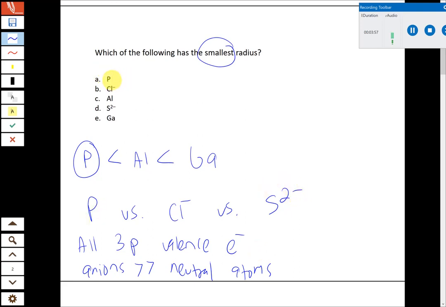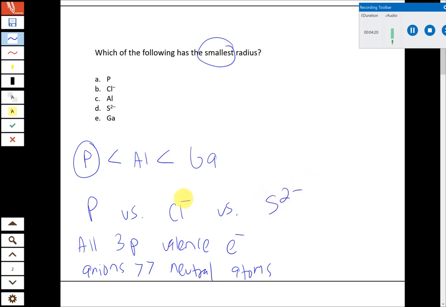If we go phosphorus, Cl-, S2-, Cl- is the furthest to the right, but it's an anion compared to phosphorus, which is neutral. So basically, if you have these three things all in the same row of the periodic table, the ones that are anions are going to be the largest. Cl- and S2- are probably fairly similar in size. S2- is probably a little bit bigger because it's a 2- anion, as we talked about.